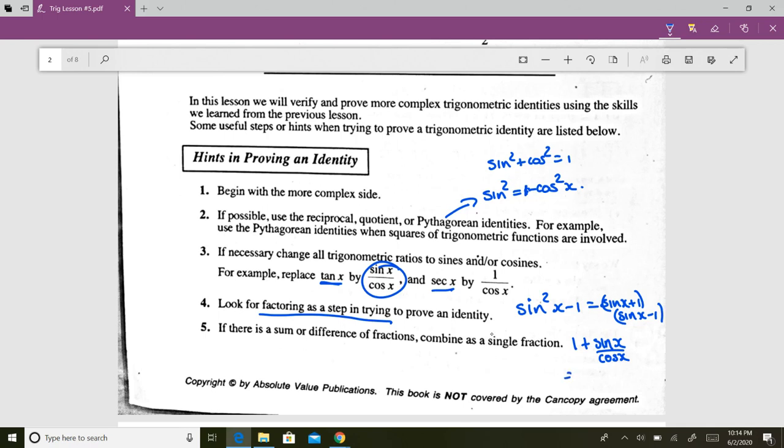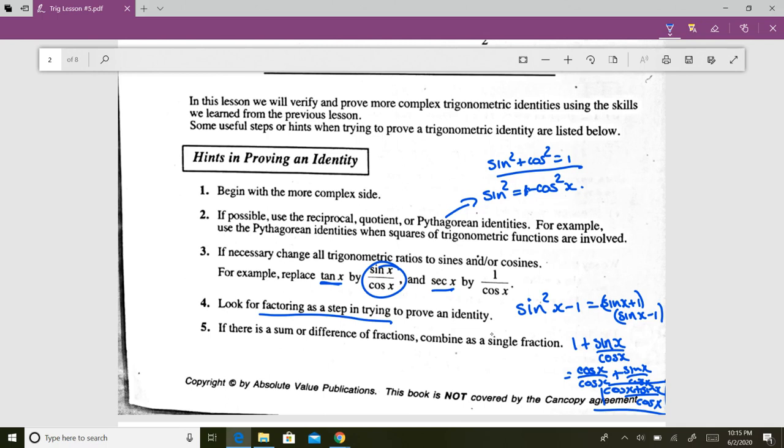So this would be the 1, because our common denominator is cosine, be cos over cos plus sine over cos, and then you can combine them into cos x plus sine x over cos x. Okay? And remember, cos x plus sine x is not 1. It's only when it's sine squared plus cos squared that you get 1.